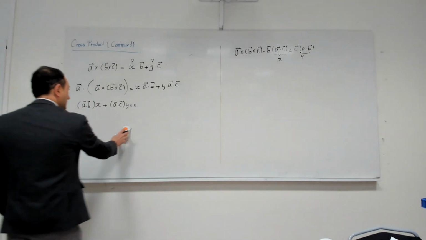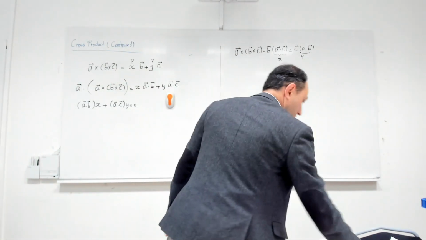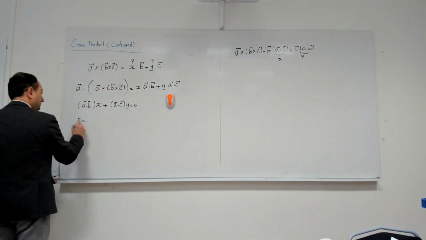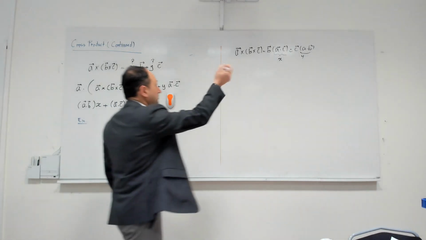So one exercise is to prove, and I want to pause the video and give you a chance to do it yourself first. And by the way, you need to memorize it in this way.